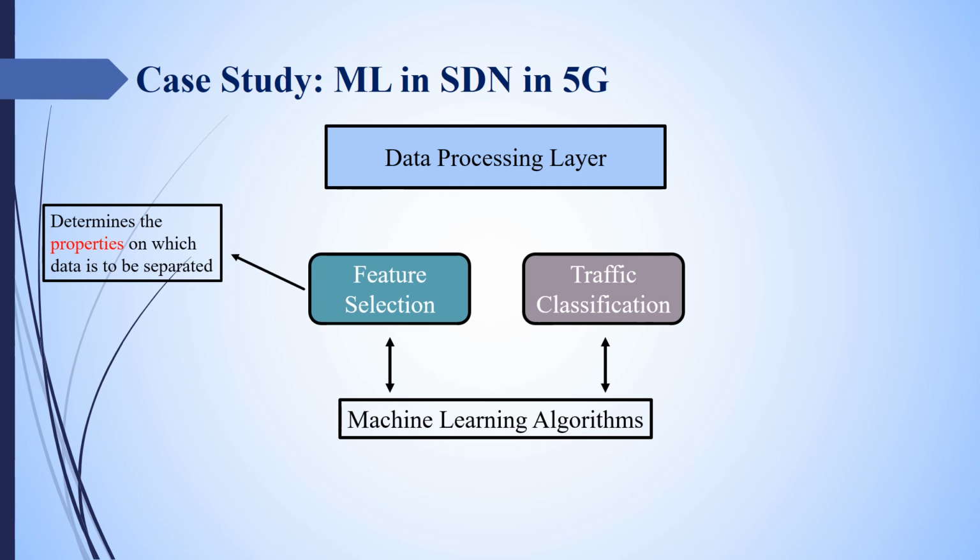Traffic classification is a process in which the unwanted data is discarded. The data that we do not require is discarded out of the useful data. We separate useful data from unuseful data in such a way that we are only left with the useful data that we require.